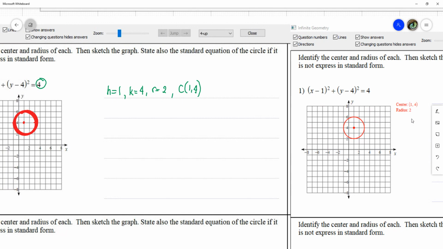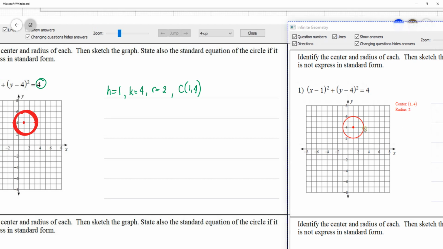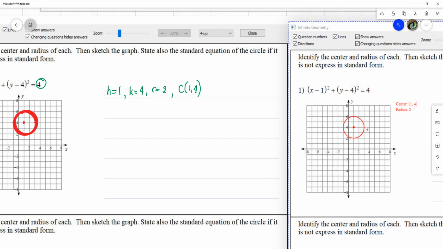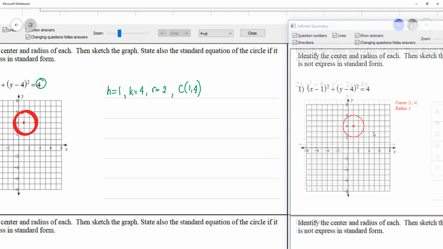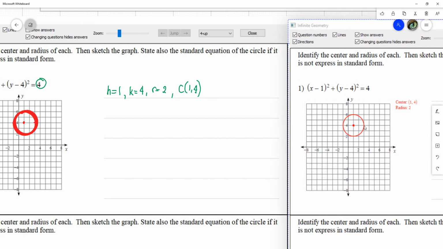The radius is 2, correct. And as you can see here, it passes through the points that I had made mention of: this point, this point, this point, and this point. Therefore, our graph is correct. Now let's have item number 2.